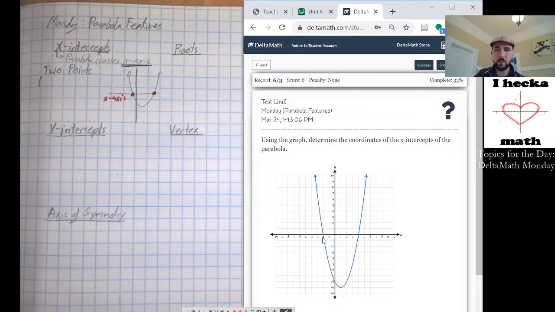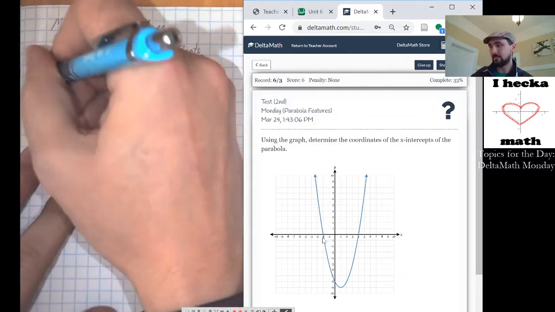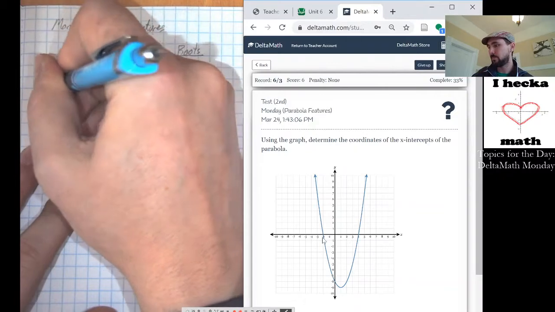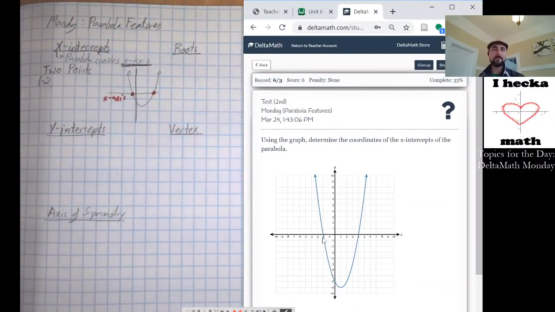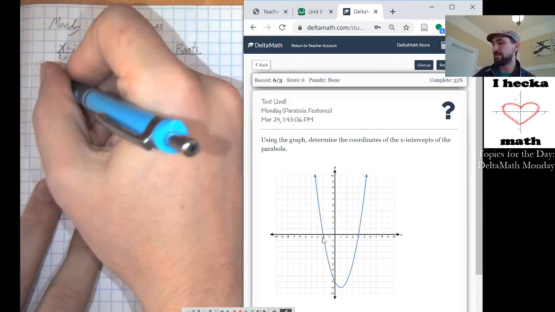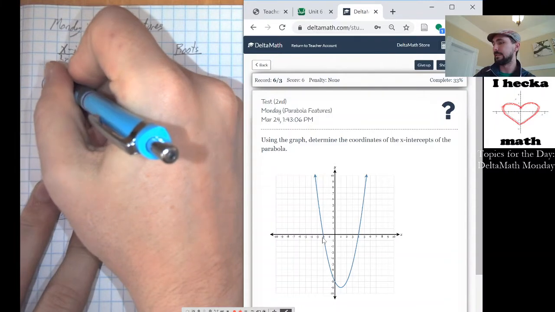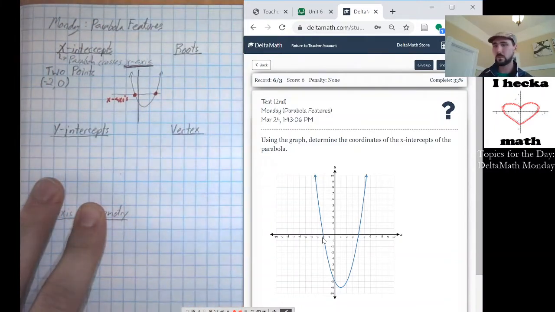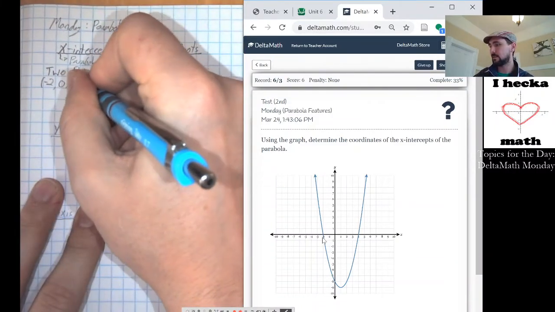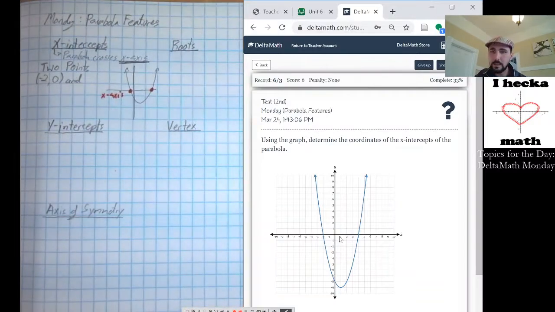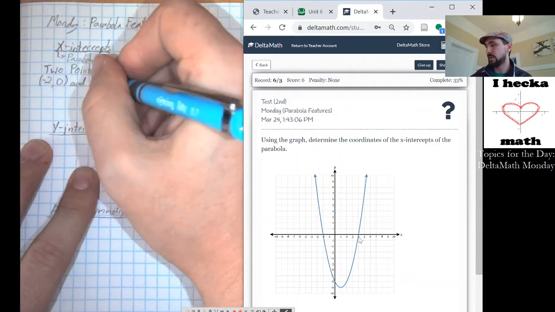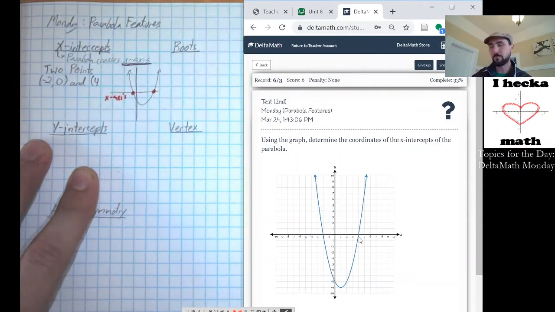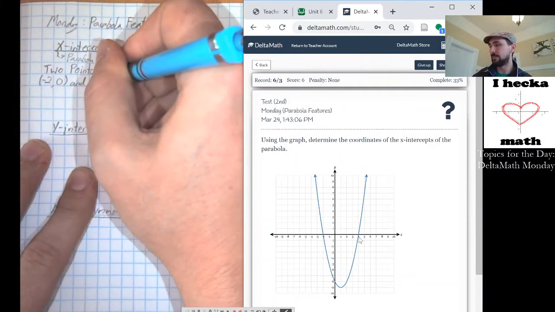So when I look at this point, the x value is -2, and the y value, because it's right on the x-axis, we know that the y value will be 0. And the other one, 1, 2, 3, 4. So the x value is 4. And again, the y value is 0.